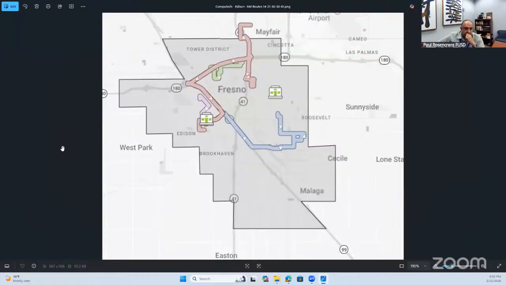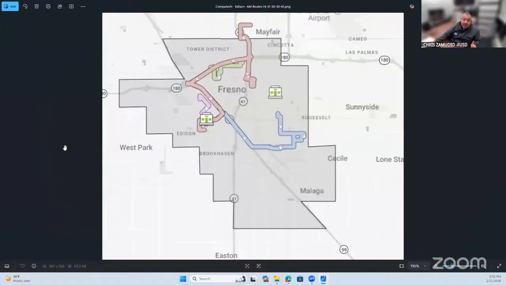Most of our routes have 5 to 6 runs within that route. So you could have an elementary, a junior high, and then a magnet school attached in the morning, followed by the same sequence in the PM as well. So that would be a bus picking up at different school sites and transporting them to school.